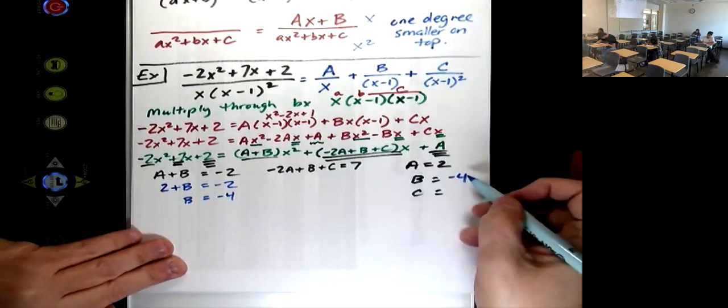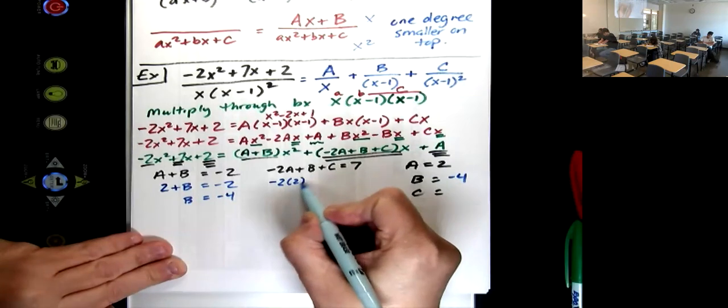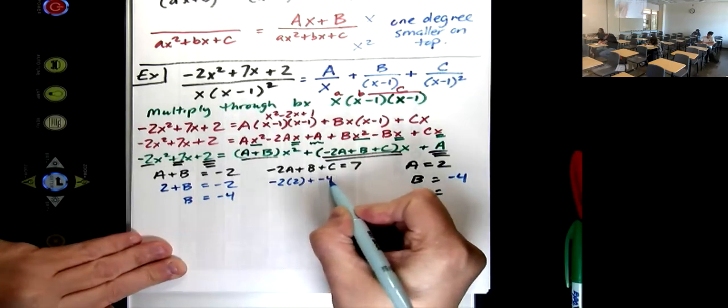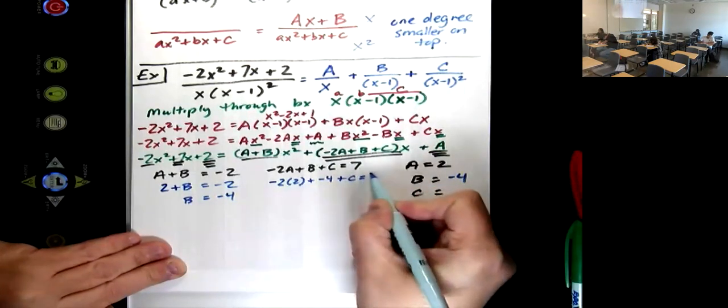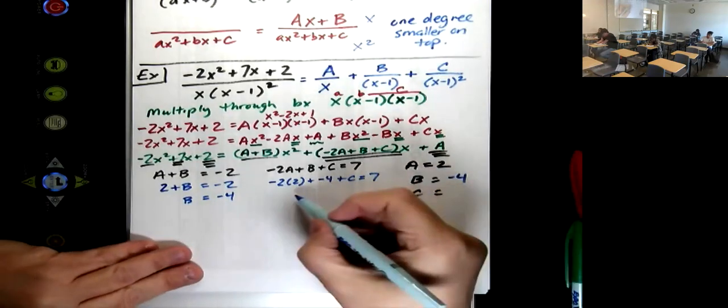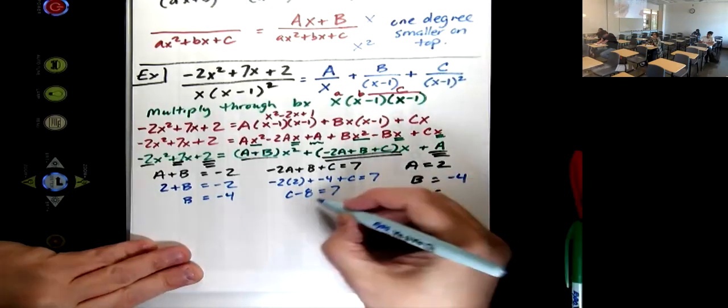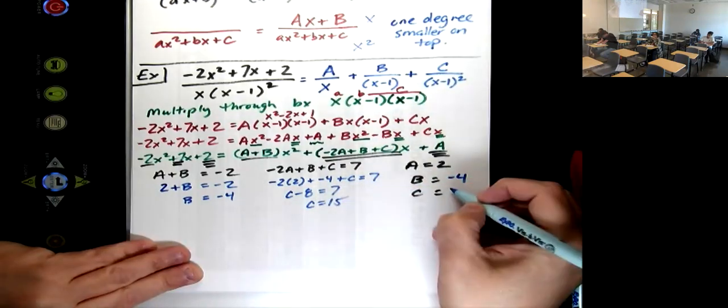And now I've got both of those, I can plug those in here. I've got -2 times 2 plus -4 plus C equals 7. This is C minus 8 equals 7. So C has to equal 15.